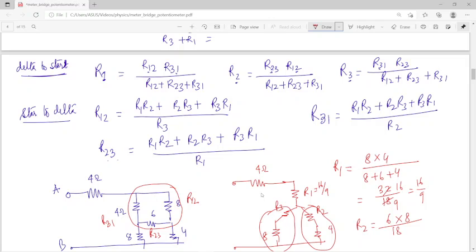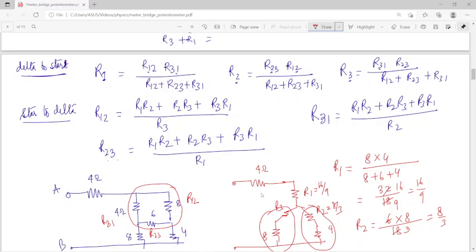So this is 8 by 3. Similarly you can calculate like that, and if you calculate like that, it can be easily solvable.